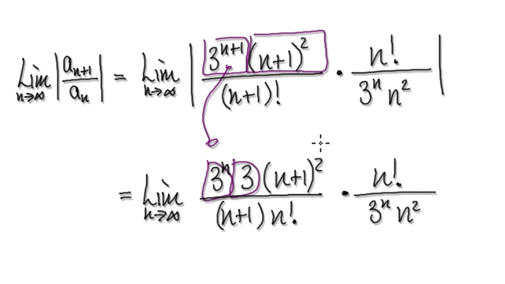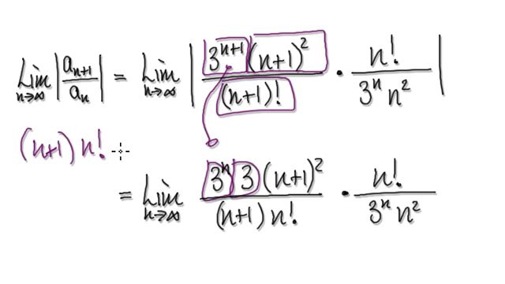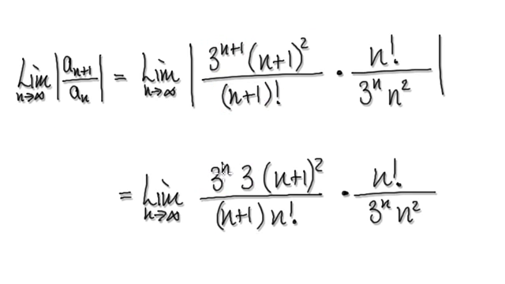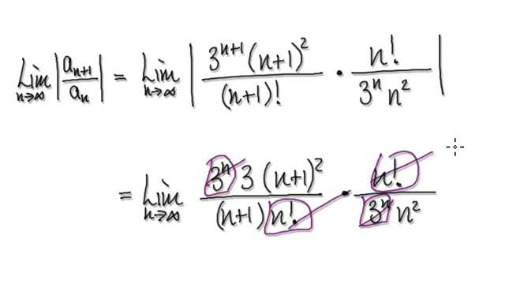And then this thing here, you can tidy as n plus 1, and we've done this many times. This thing here is equal to this, so visualize this as this. Now this thing here will cancel out with this, and n factorial will cancel out with this.